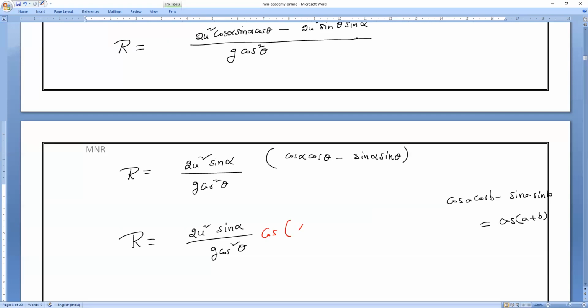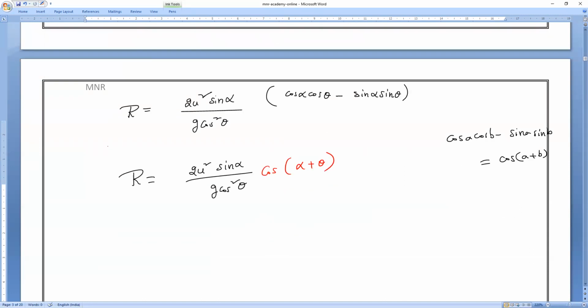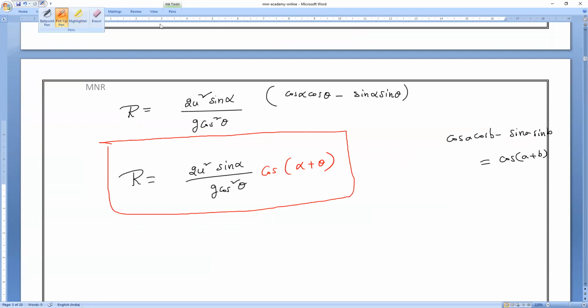Cos of alpha plus theta. This looks like cos A cos B minus sin A sin B, which is equal to cos A plus B, the formula. That's all. Understand? Yes, sir. This is the range formula. Very, very tough. It's not necessary to learn. Okay.